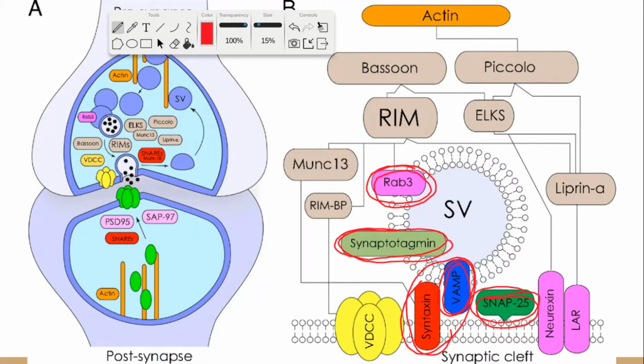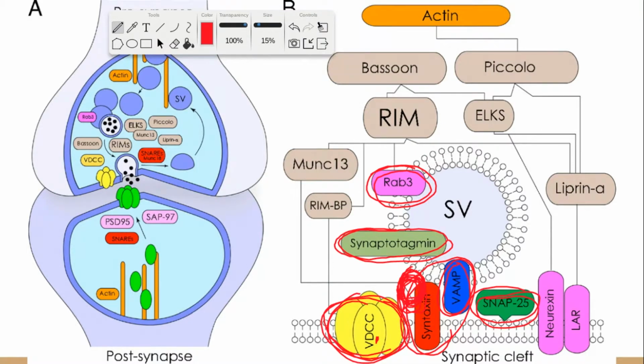One thing that's missing in this image is our complexin protein. Our complexin is in here somewhere, maybe right here, that is holding our syntaxin and SNAP25 primed and ready to go, but waiting for calcium flux. Note that this vesicle has been situated right next to a voltage-gated calcium channel, or voltage-dependent calcium channel.